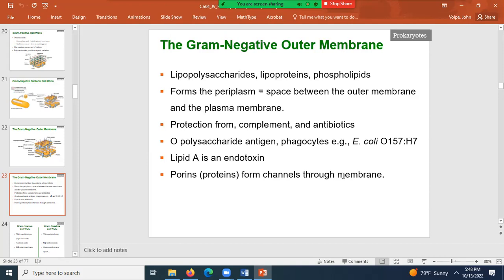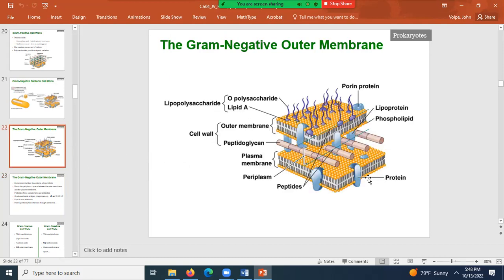But the gram-negative outer membrane does have a number of other molecules besides phospholipids and peptidoglycan. It also has lipopolysaccharides and lipoproteins. The gram-negative outer membrane does help protect the cell, because this outer membrane of the cell wall can prevent things from getting towards the cell wall and then damaging the cell.